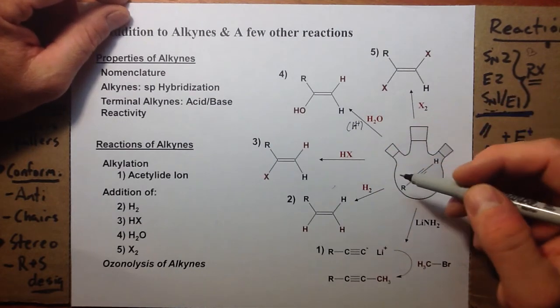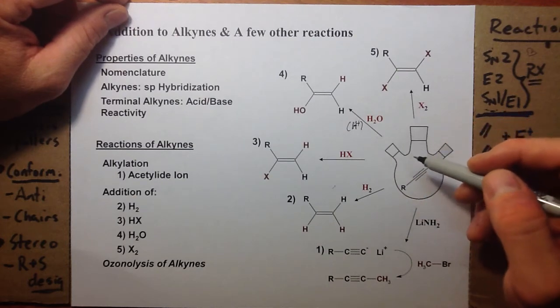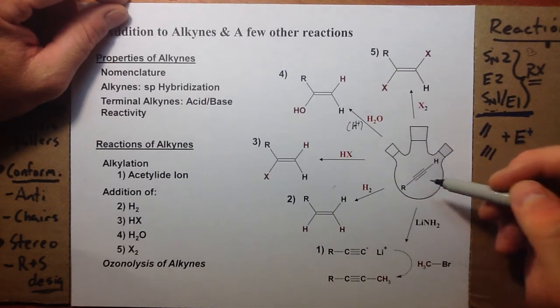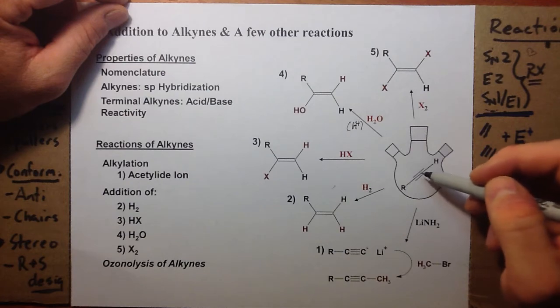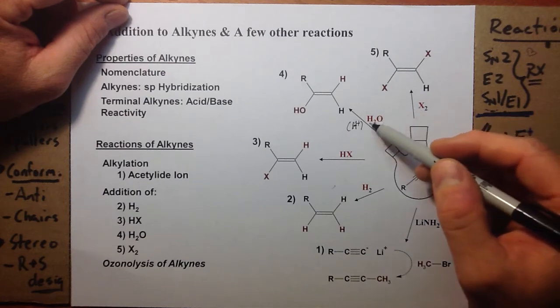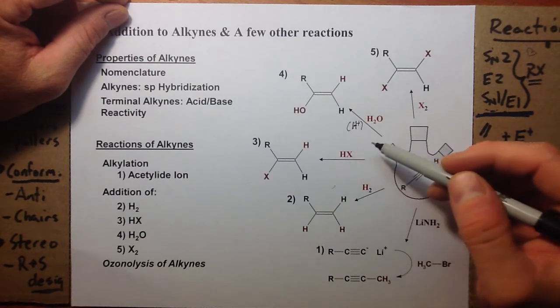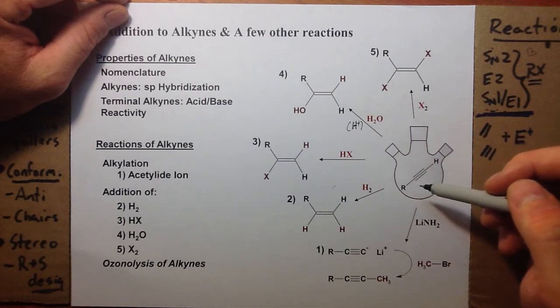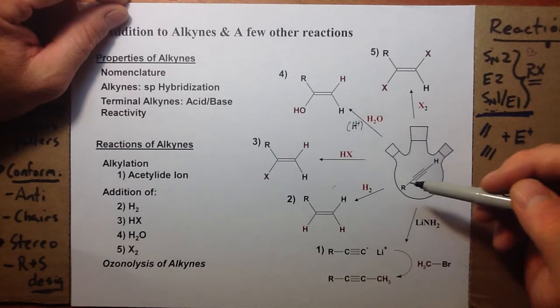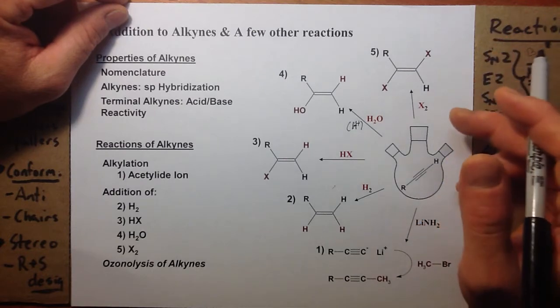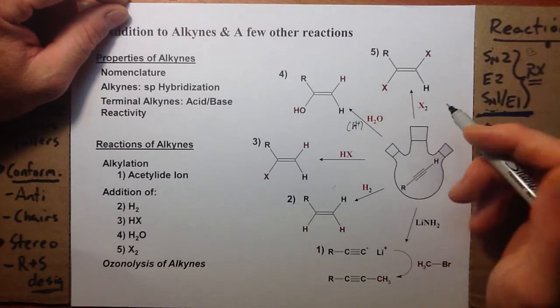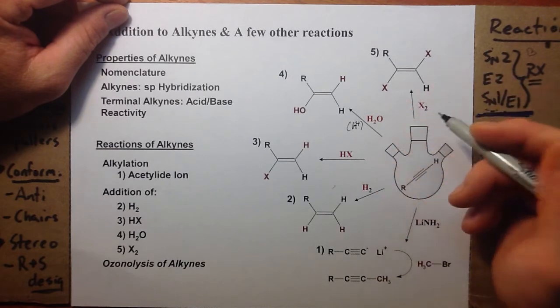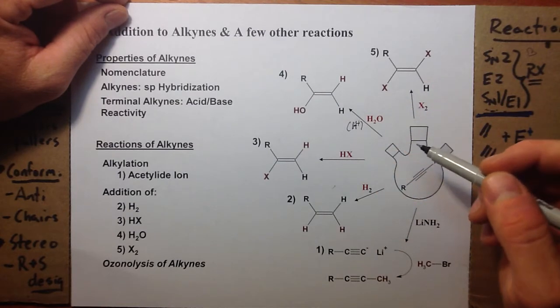It's that the intermediates are even higher still. The intermediates formed in the reactions with acids or the reactions with Br2 tend to be really high in energy, and it causes alkynes to be a little less reactive to begin with than alkenes.